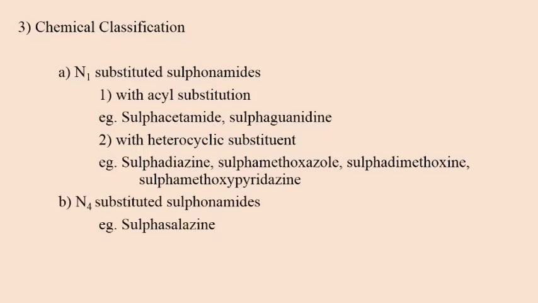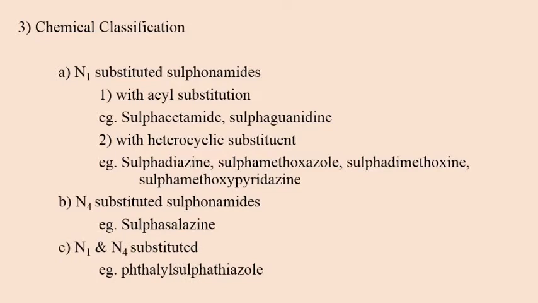Second class is N4 substituted sulfonamides, where the substitution is on the para-amino group, that is called the N4 nitrogen. An example is sulphasalazine. All the prodrugs come under this second class. And the last class is where both nitrogens, N1 and N4, are substituted. An example is Phthalylsulphathiazole. So this is based on chemical classification or chemical structure.